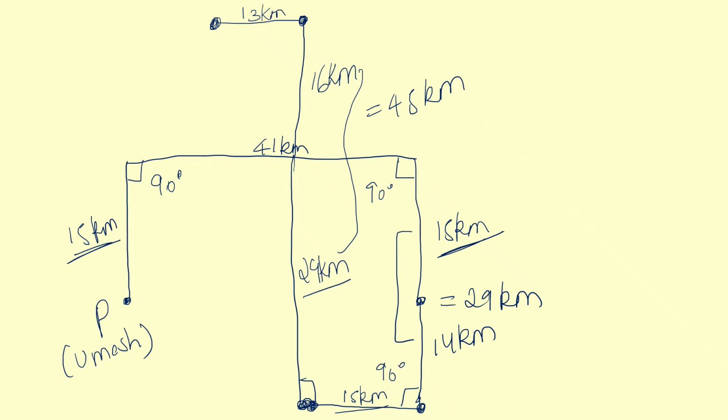Then turns left and stops at point Z of covering a distance of 31 kilometer. So here again I made a 90 degree turn, here again I'll make a 90 degree turn, that will be this side.